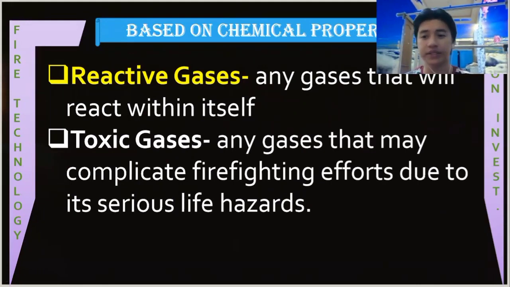Because these toxic gases, at any time, may explode, especially when one chemical is mixed with another chemical, it may cause explosion. Okay? Or it may also cause smoke that may irritate or may cause danger to a person.